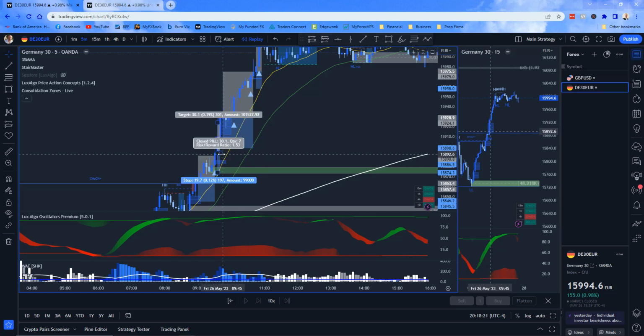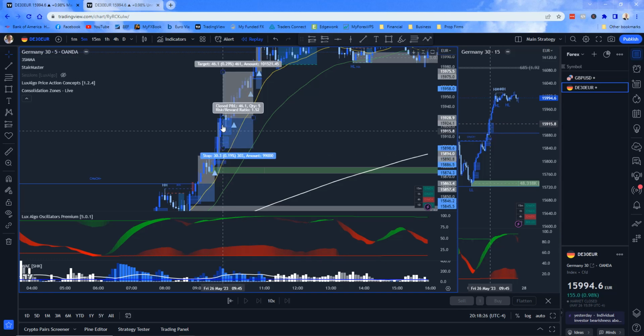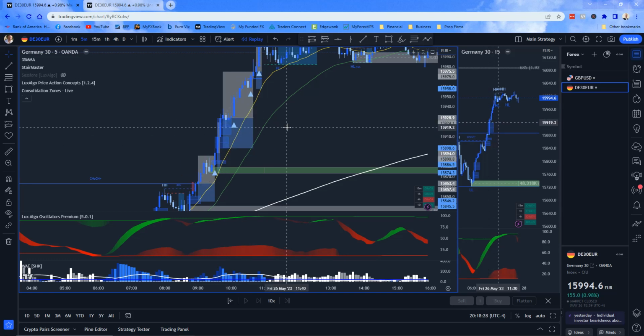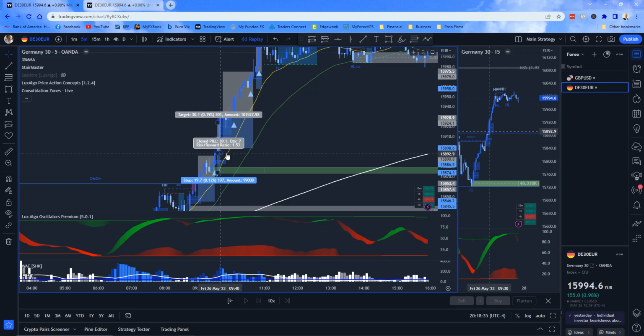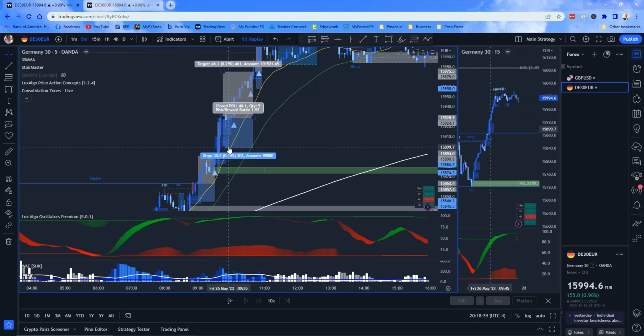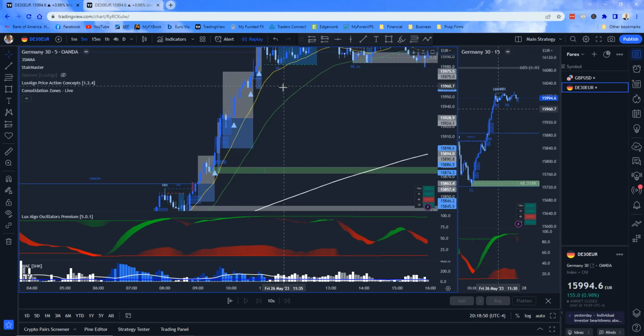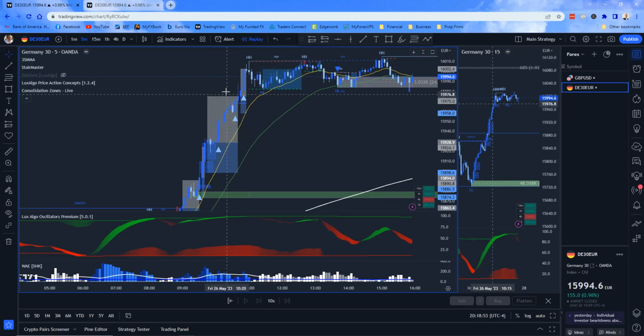This time though, I didn't go with the moving average because I had an imbalance right here. Again, SMC crap, but the only thing I like imbalances for is it's a good place to put your stop loss. So I just put it at the lower one. I was content with that. It was pretty close to the moving average, but at any rate, this is where I decided to put it, and momentum took over, and away it went.